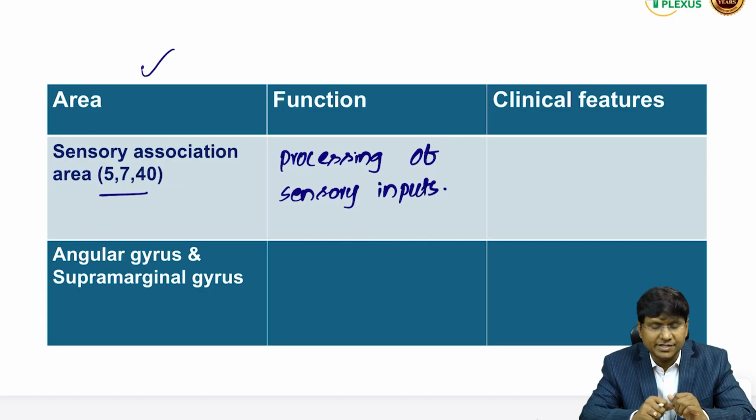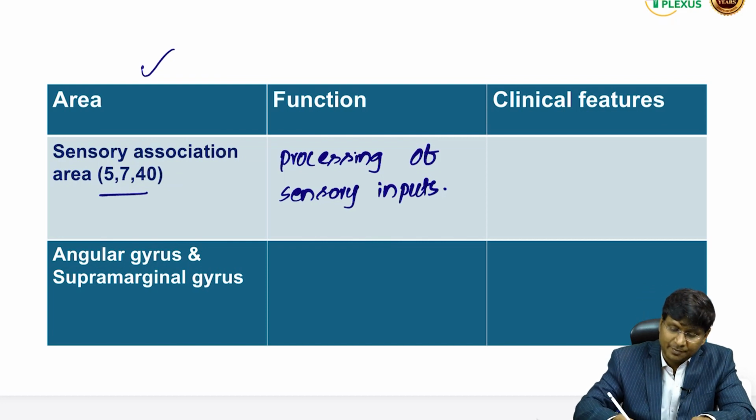What will be the clinical feature whenever there is damage to areas 5, 7 and 40? That will produce tactile agnosia.